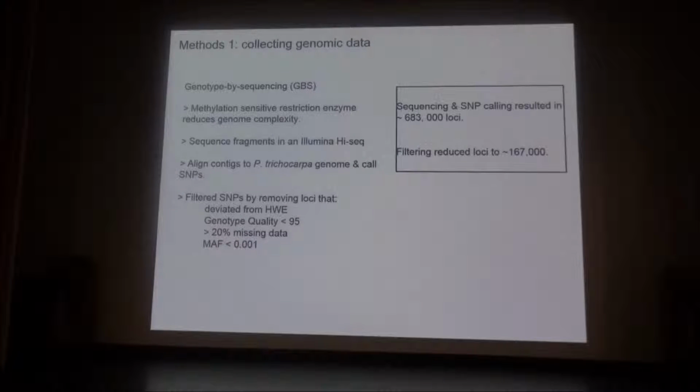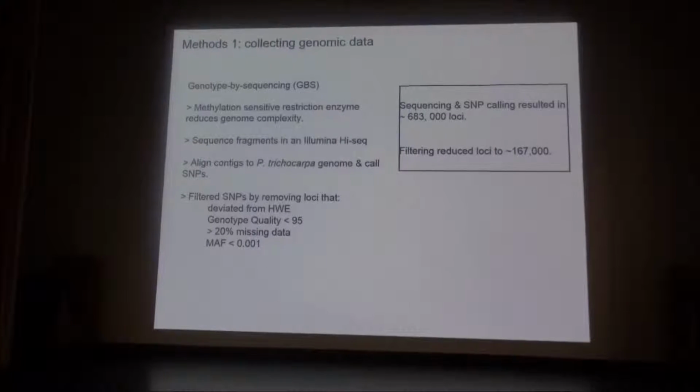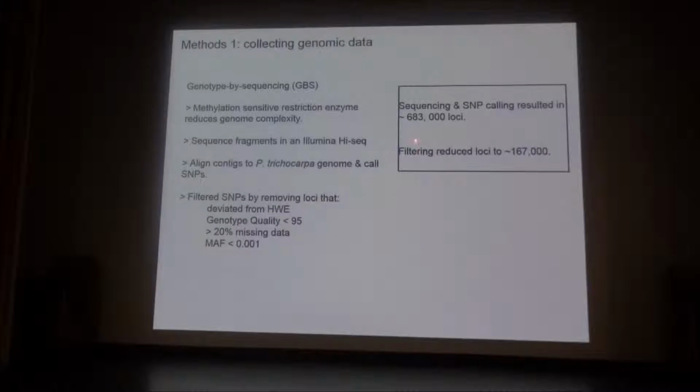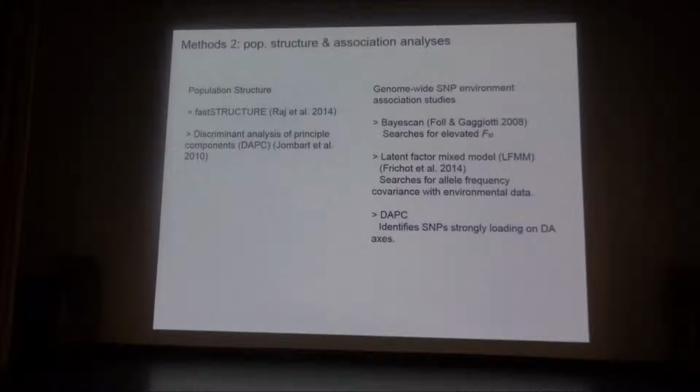That was to try to get rid of heterozygotes that we thought could have been bad reads, a read from a couple different individuals aligning to the same place, and we thought this isn't a real genotype, so we filtered it. Our filtering reduced our data set to 167,000 loci. So that's a pretty big reduction, but we still got a lot of loci to work with.